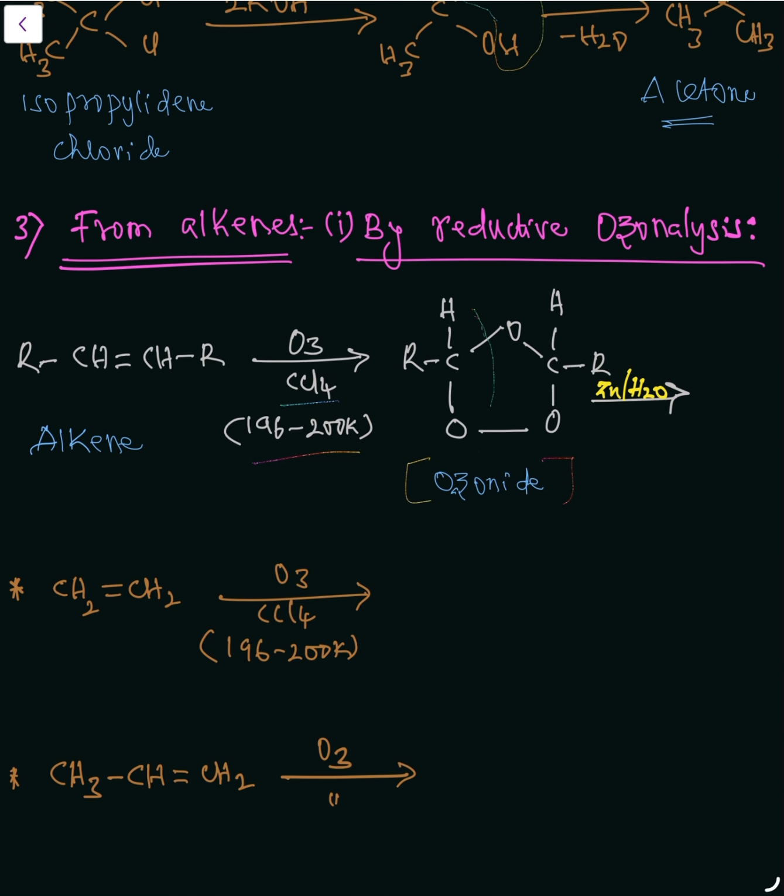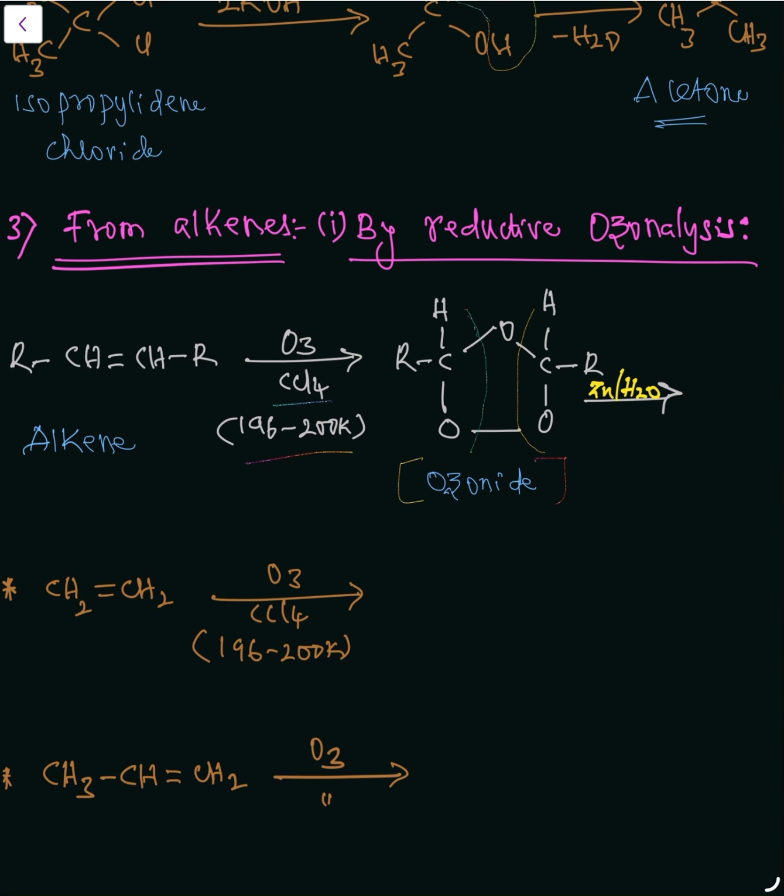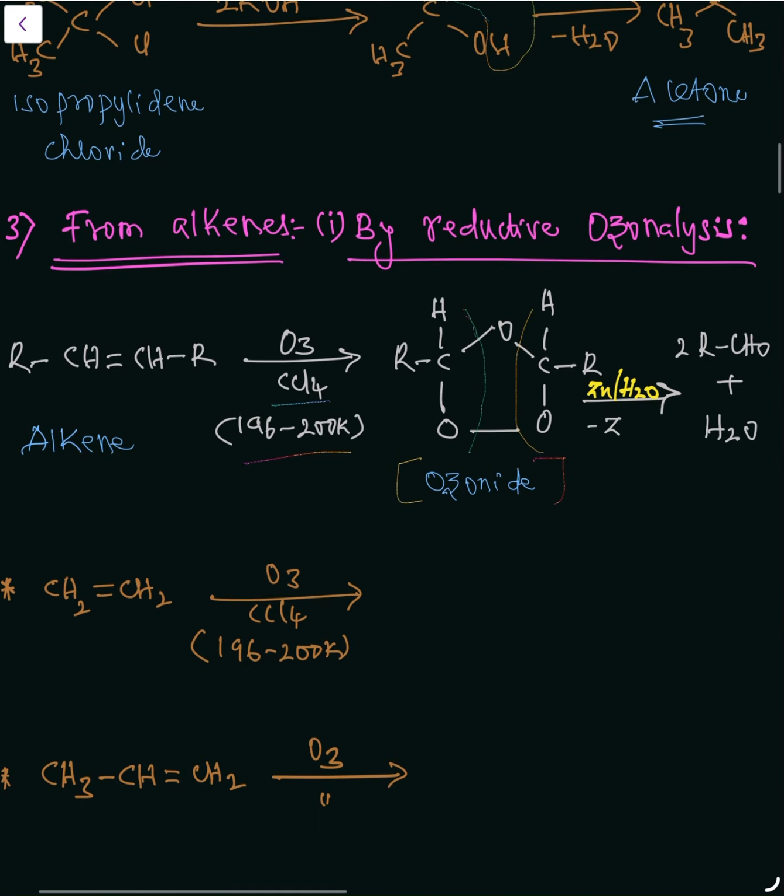Then this ozonide cleaves like this. Because of cleaving, we'll get RCHO, that is 2 moles of aldehyde, along with H2O. So here Zn removes the oxygen. So this is the aldehyde.